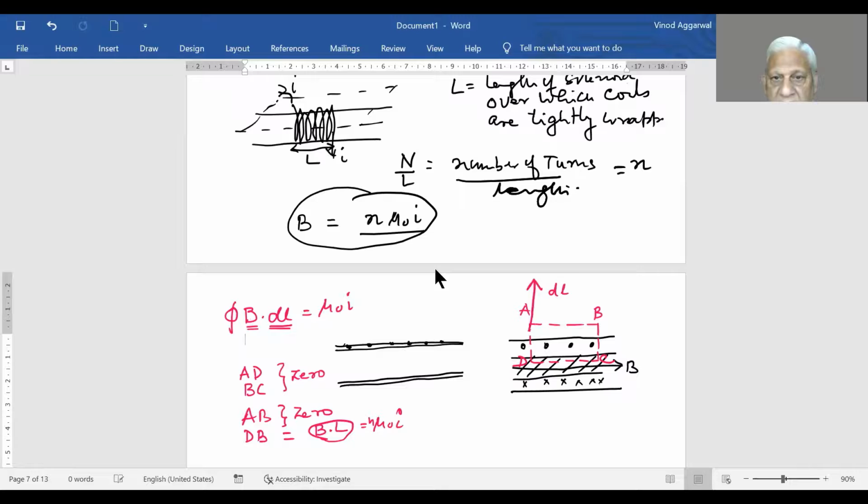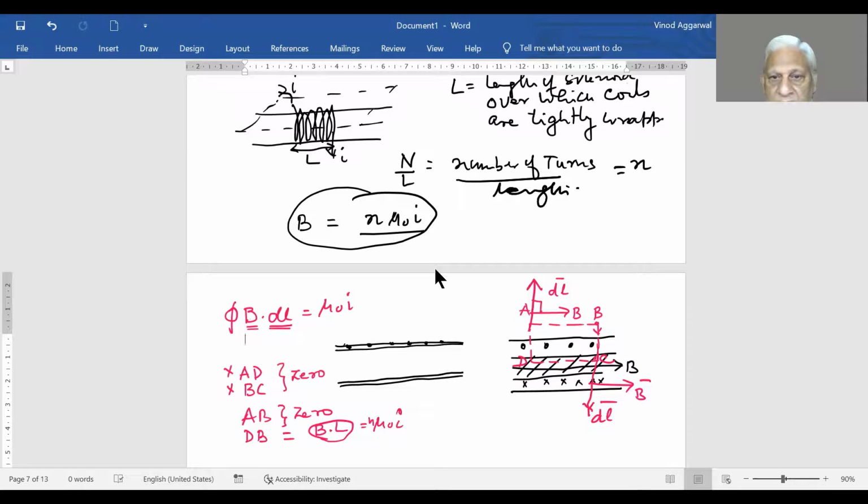So this is the direction of the dl vector and this is the direction of B within the solenoid. So both are perpendicular to each other and the dot product will be 0 here. Similar is the case with side BC. Again same thing. The dl vector is in this direction, but the magnetic field is in this direction, perpendicular to each other. This also goes off.